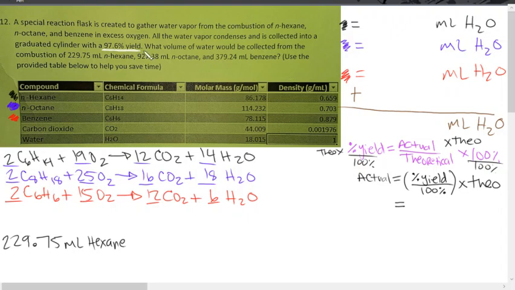But these are your given volumes of each. So we'll take those volumes, multiply them by the density. That'll give us the grams. And then we'll divide it by the molar mass to get the moles. Use the molar ratio to find out how many moles of water we have.